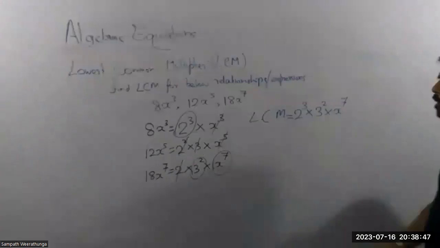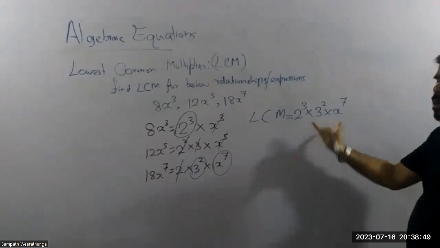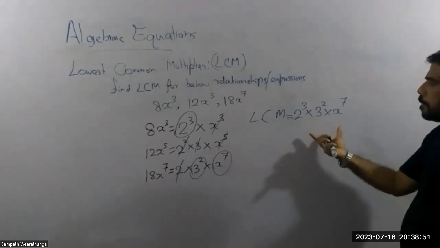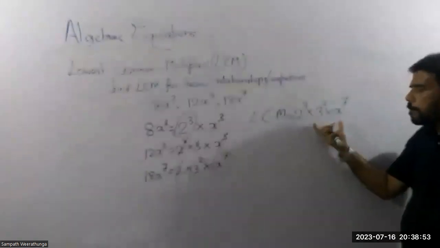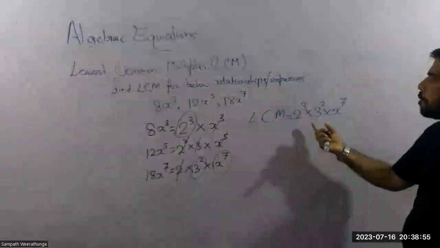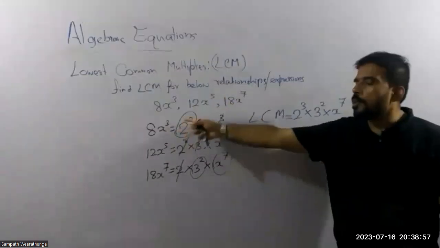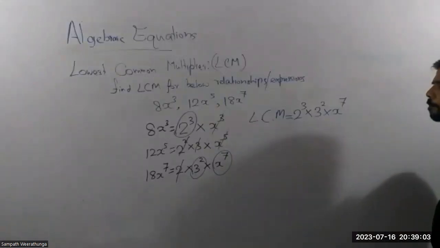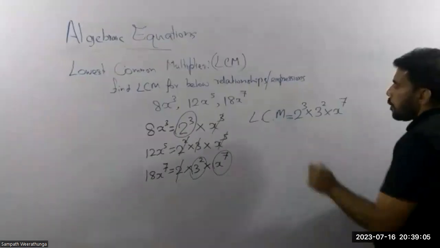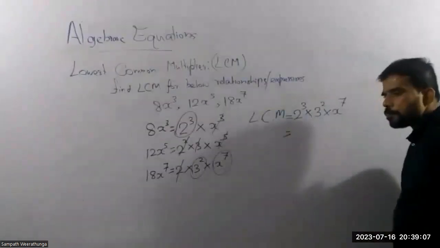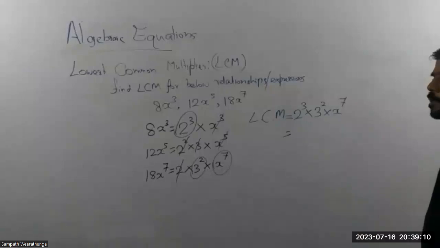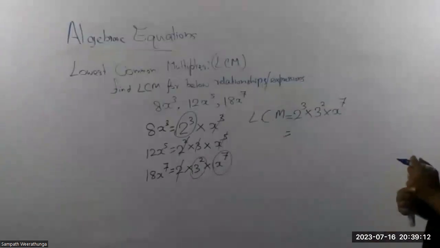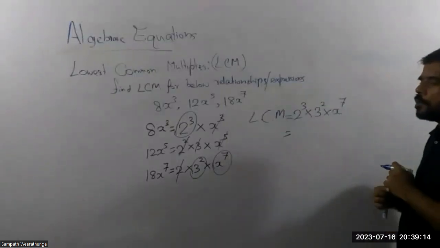If I get the combined number, it can be divided by any of the given expressions. That is what is known as the lowest common multiplier. Now let's simplify this. 2 into 2 into 2 is 8, 3 into 3 is 9, and 8 into 9 is 72.